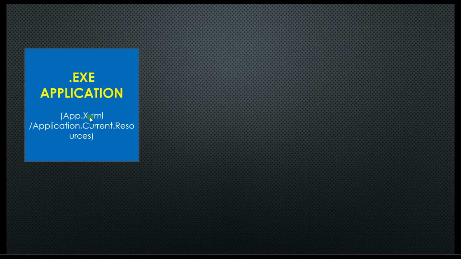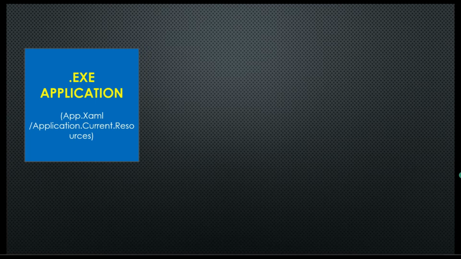Visual Studio, or the whole build application itself, doesn't allow you to put this inside a DLL or inside a project which is not a Windows executable. So if you create a new project which is a class library, you will not be able to create app.xaml, because it will say that app.xaml cannot be present in this project type.